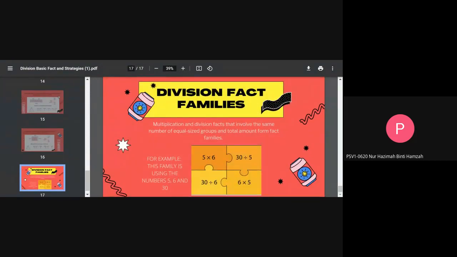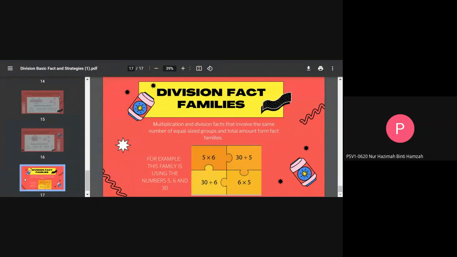So this is the division fact family. The division fact family is multiplication and division facts that involve the same number of equal-size groups and total amount to form fact families. For example, you can see the picture of the puzzle, and the example is using the numbers 5, 6, and 30.